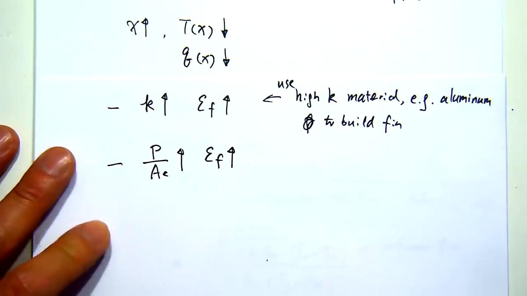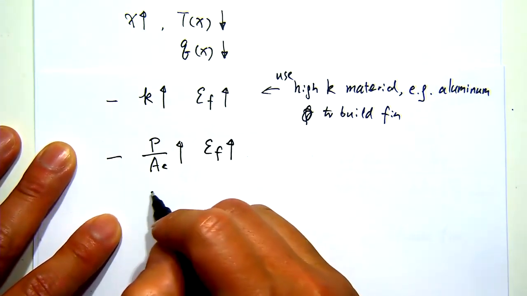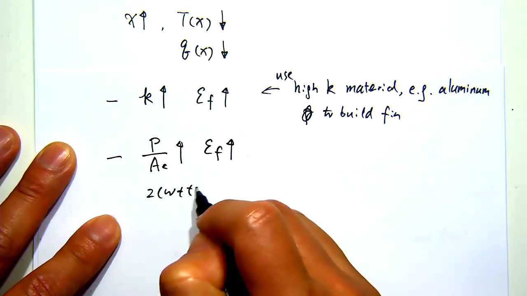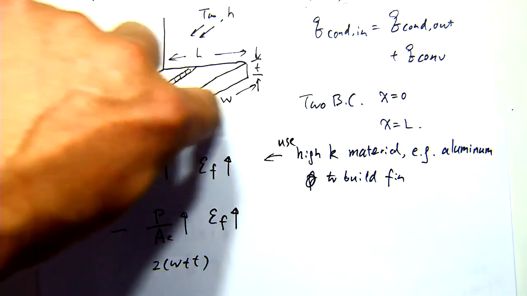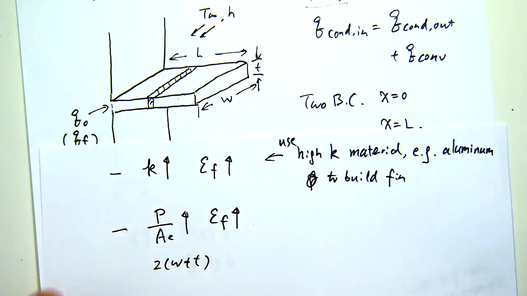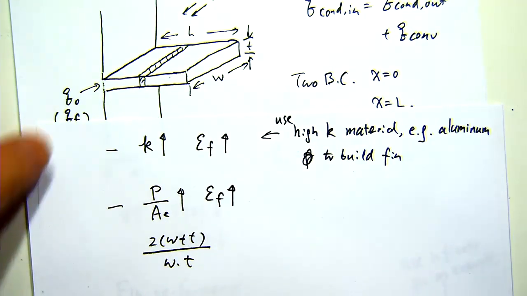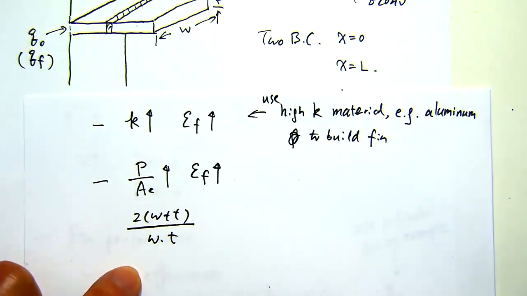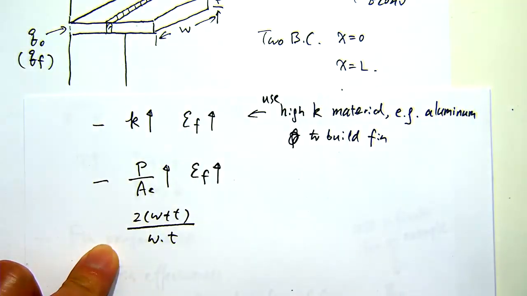How do we understand this? P can be written as 2 times (width plus t), divided by the cross-section area of the fin, which is W t. We know that the width is generally much larger than the thickness.